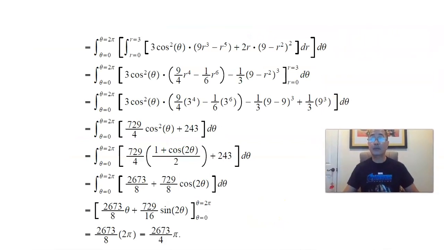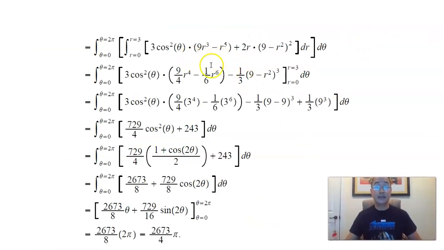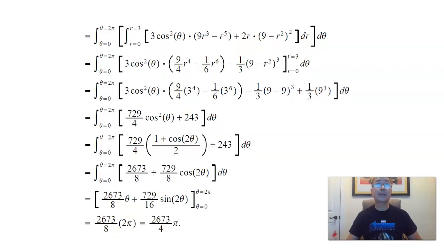So that is what we see in this next line. If you're following along in the book, you see it right away. Now we will integrate with respect to r, and we will get for the first term 9r to the 4 over 4 minus r to the 6 over 6.